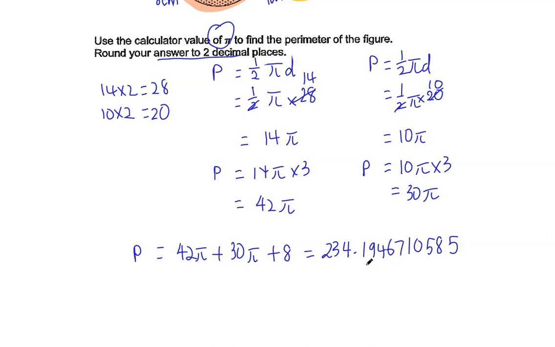So let's look at the 2nd decimal place, which is the digit 9. To round to 2 decimal places, we look at the next digit, which is 4. Digit 4 is less than 5, so we do not round up. Therefore, the answer is 234.19. That is the final answer. Now do not forget your units as well.